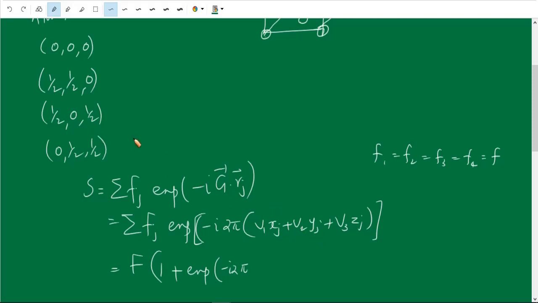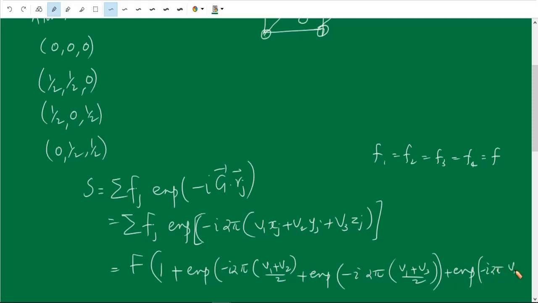So xj, yj are half, half, the other is 0, therefore we will get 2 pi v1 into 1 by 2, v2 into 1 by 2, so v1 plus v2 by 2, plus exponential minus i 2 pi into v1 plus v3 by 2, plus exponential minus i 2 pi into v2 plus v3 divided by 2.